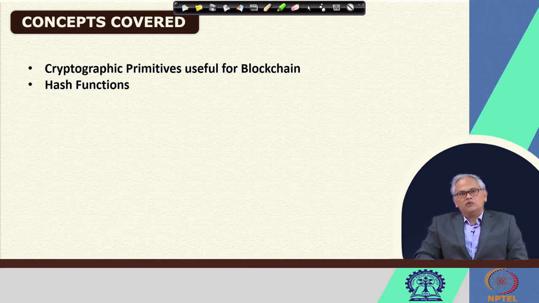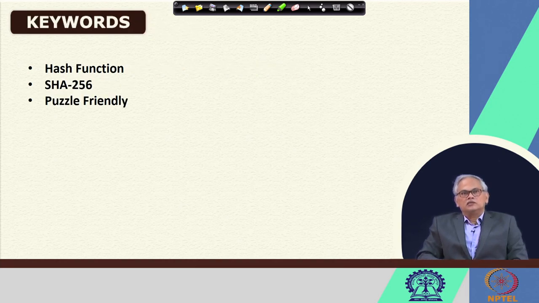And in this particular lecture, we will talk about hash functions. Some of the keywords that are important for this lecture are as follows. First of all, we will talk about what are called hash functions. We will understand what is meant by a hash function, what its properties are, and how they can be used meaningfully.